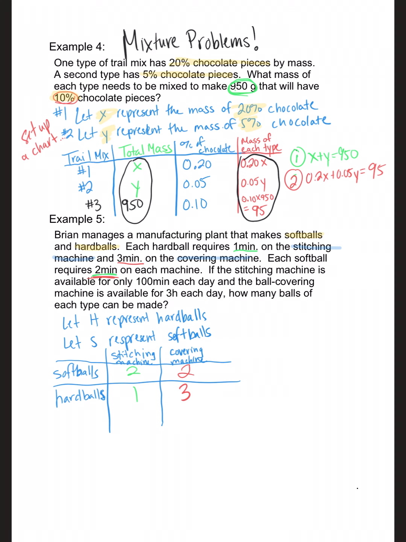Okay, we're going to add in a third column because it gives us another restriction if we continue reading. It says if the stitching machine is available for only 100 minutes each day and the ball covering machine is available for 3 hours each day, how many balls of each type can be made? So let's add another column here just for our total time.